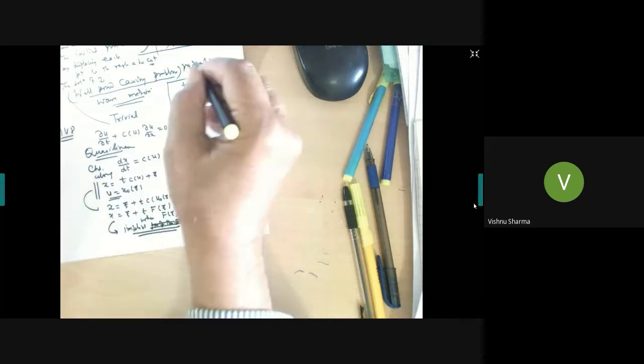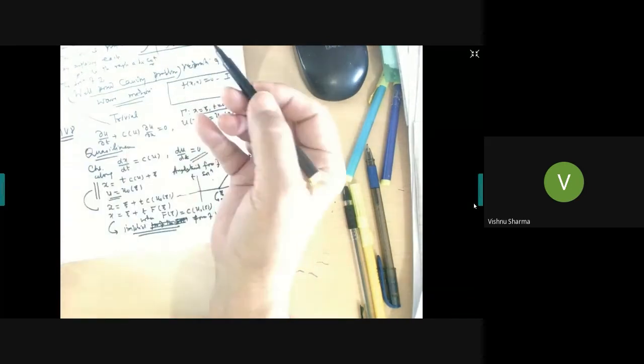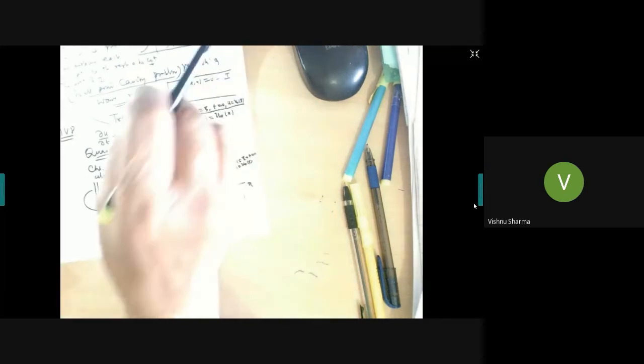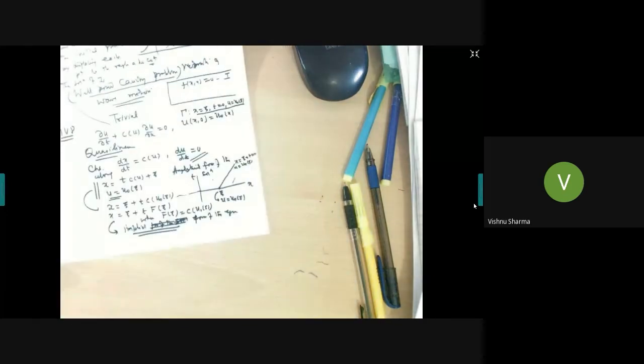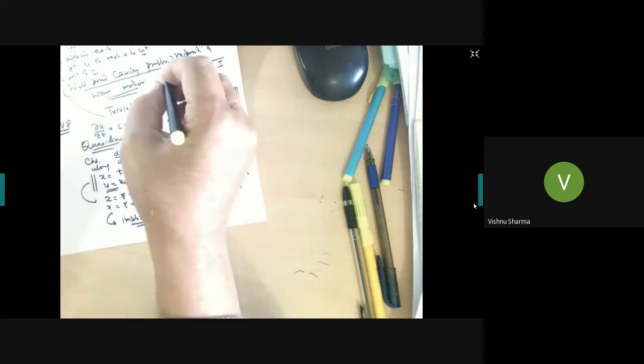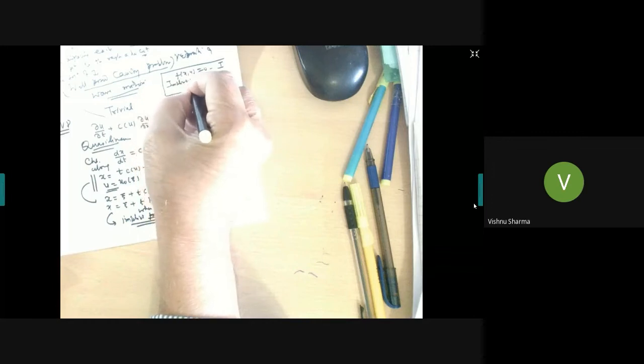If suppose this holds on some interval, I will be very happy if I can express y as a function of x on a very small interval which is contained in it. What is that theorem which ensures that y can be expressed as a function of x? Implicit function theorem. Good. It is the implicit function theorem.